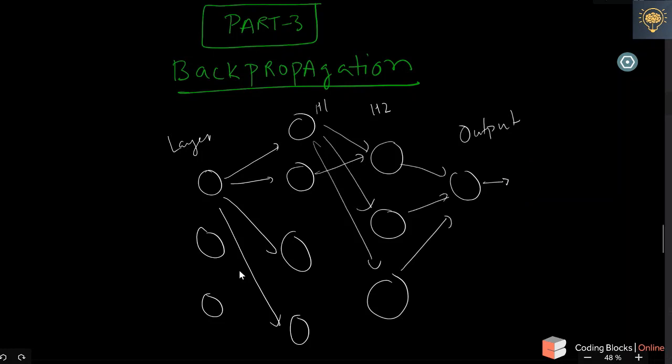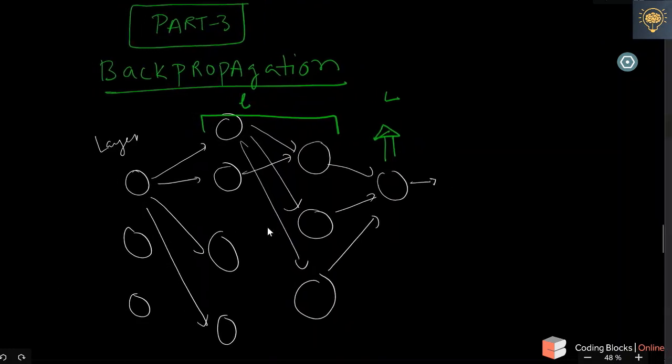Let's say this is the last layer. For the last layer I'm going to use the notation capital L, and for the hidden layers I'm going to say I'm talking about the lth layer, so it is going to be a small l. So this is about notation. Capital L is for your last layer and small l is some hidden layer, right?